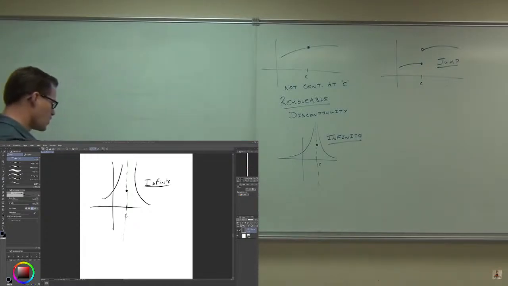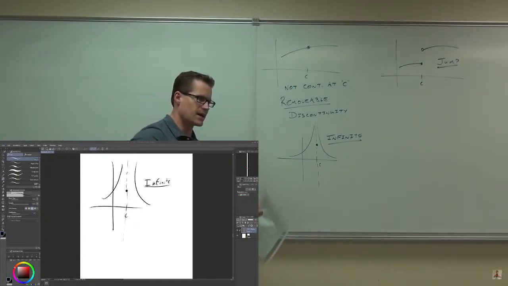Okay, so we're going to ask, are the following functions continuous at x equals 2?